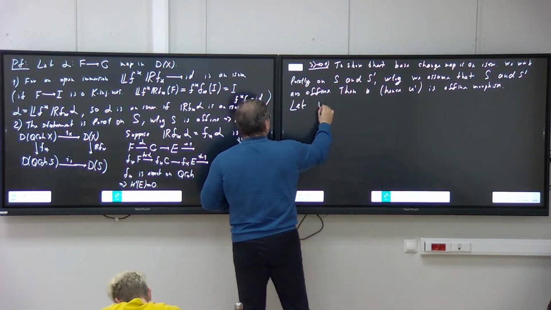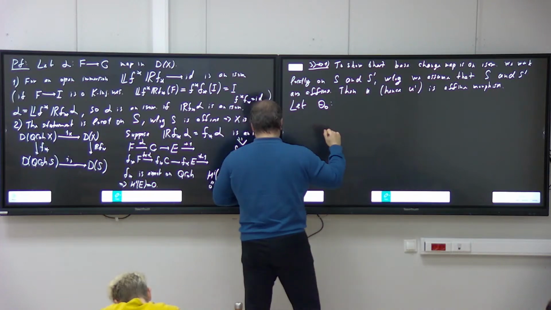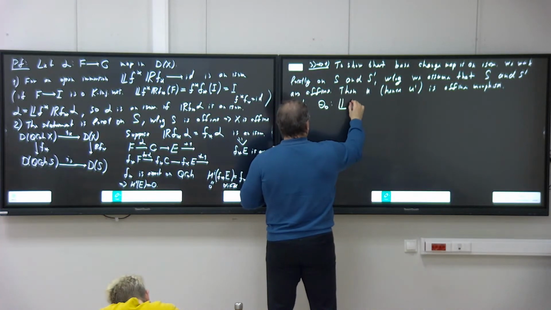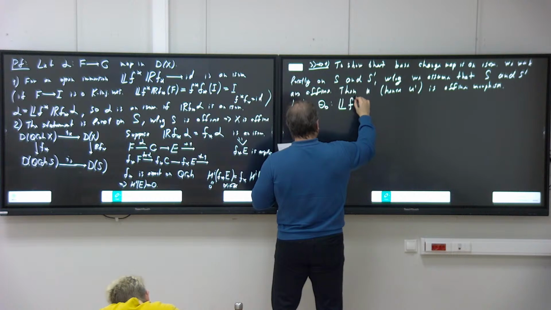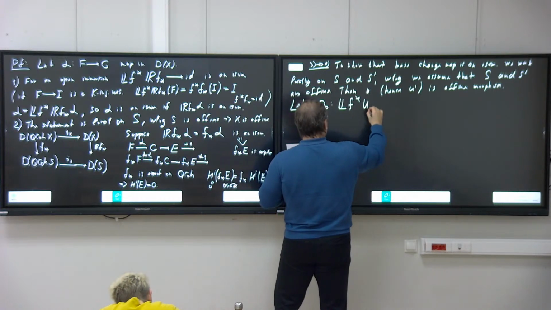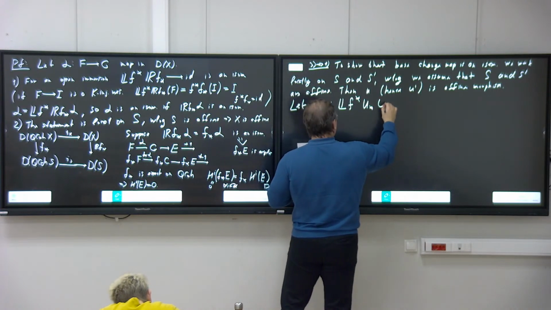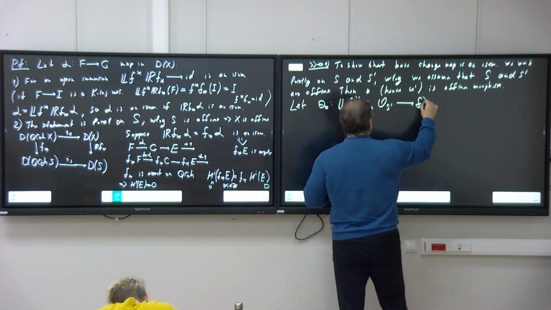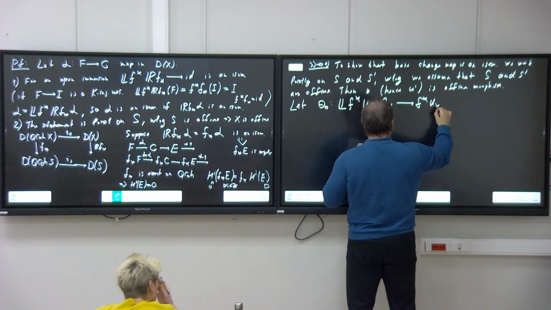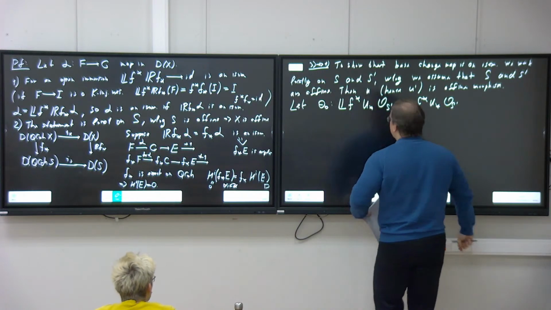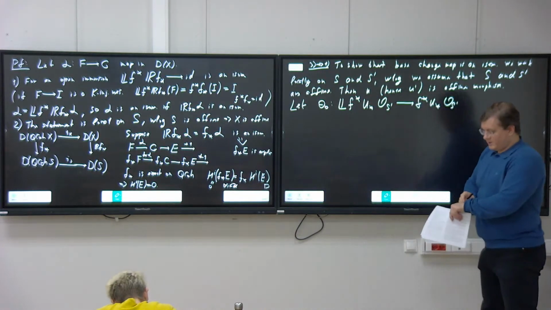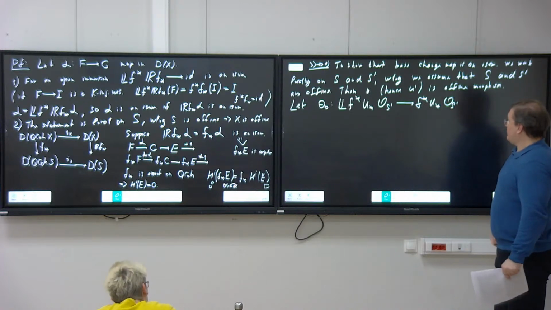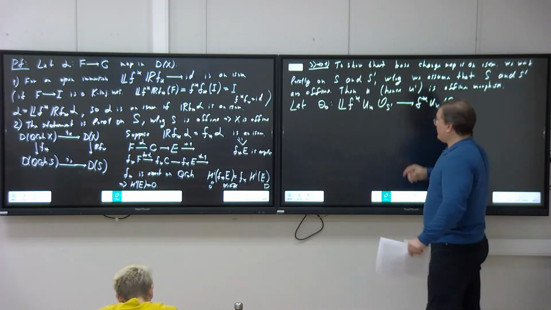So let theta 0 be the map from the derived pullback of the push forward along U of the structure sheaf of S prime to the ordinary pullback. Okay, we always have such a map from the left derived functor to the functor.